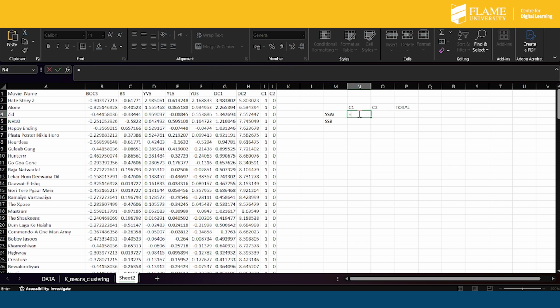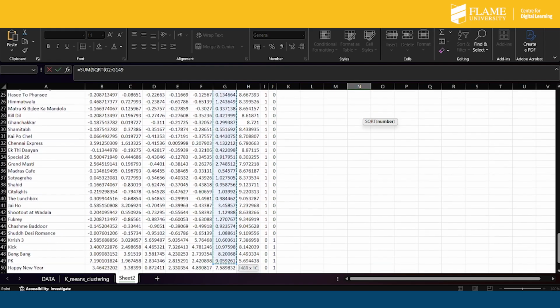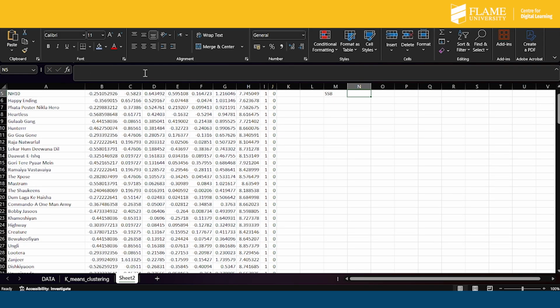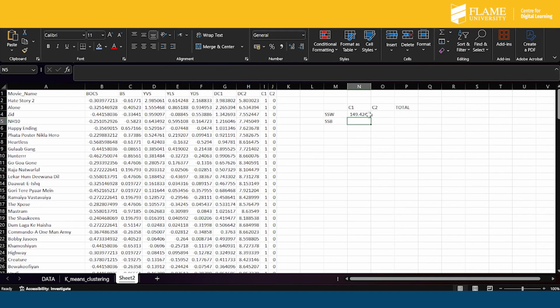So for cluster 1 it is sum, then SQRT of these values. So I'm just selecting all the values, and then we just put. So this is the total sum of squares for cluster 1.